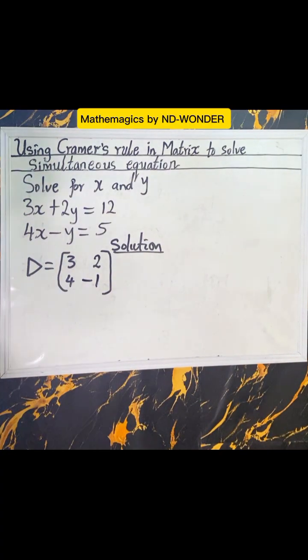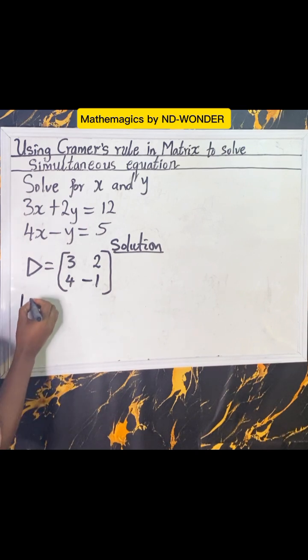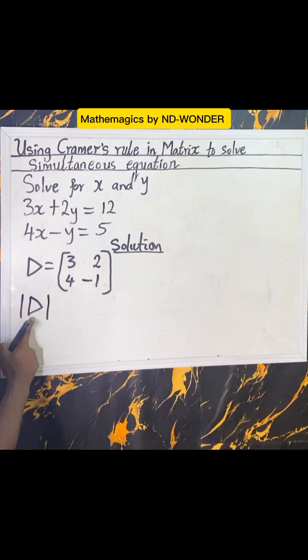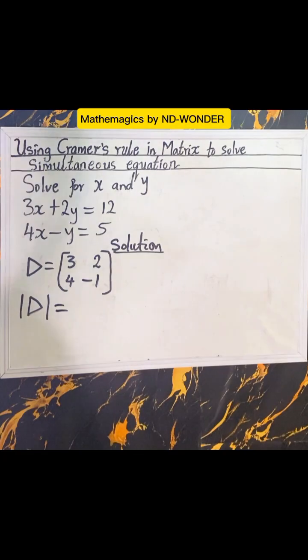But we need to obtain the determinant of change. How do you get it? We have it written in this manner. The determinant of change is equal to, remember, you need to focus on the leading diagonal.